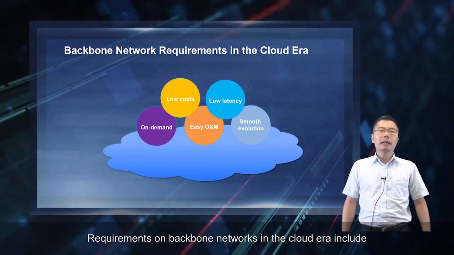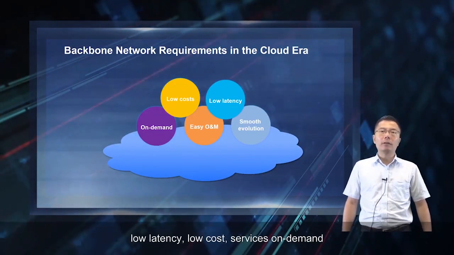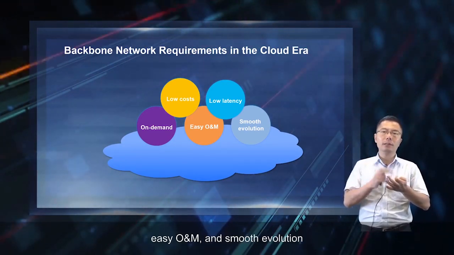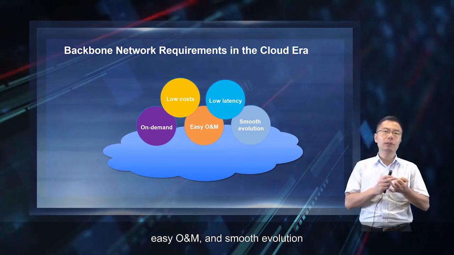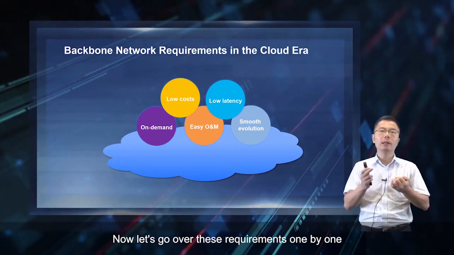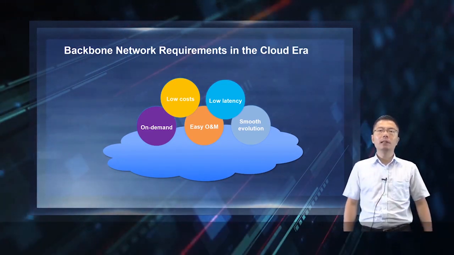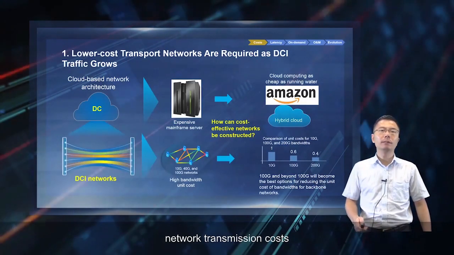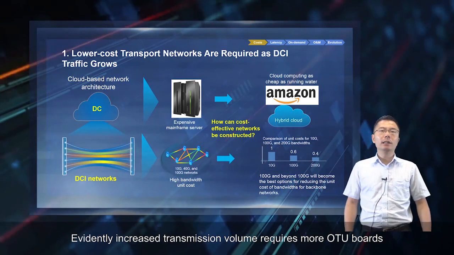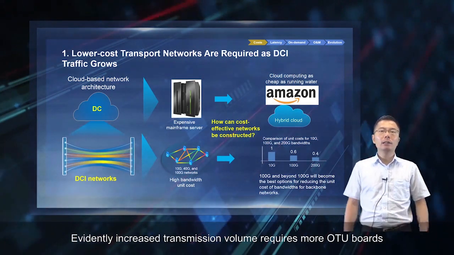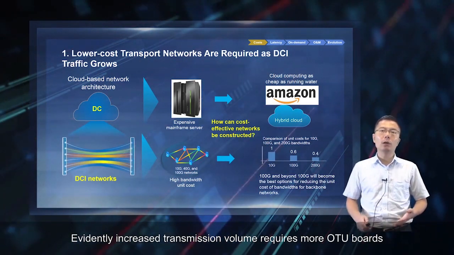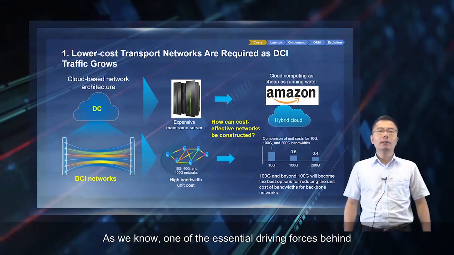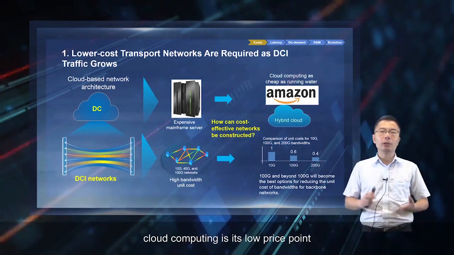Requirements on backbone networks in the cloud era include low latency, low cost, services on demand, easy O&M, and smooth evolution. Now let's go over these requirements one by one. First, rapid DCI traffic growth directly affects network transmission costs. Evidently, increased transmission volume requires more OTU ports. As we know, one of the essential driving forces behind cloud computing is its low price point.